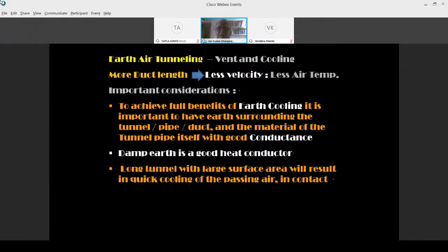But at a depth of 4 meters or more, conditions are unchanged. Thermal changes taking place on the surface are not affecting the condition inside at a depth of 4 meters or more, and that temperature at a depth of 4 meters or more remains within the comfort zone. So let us take advantage of this phenomenon.